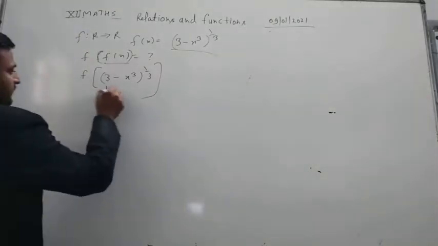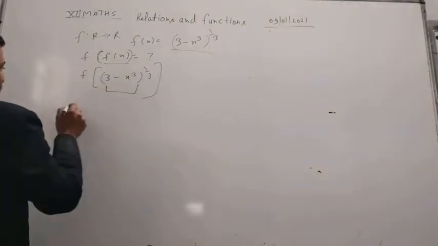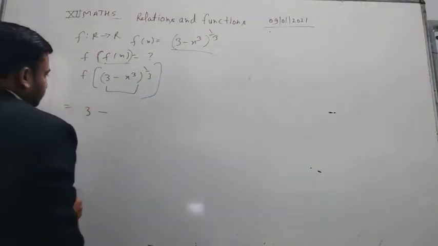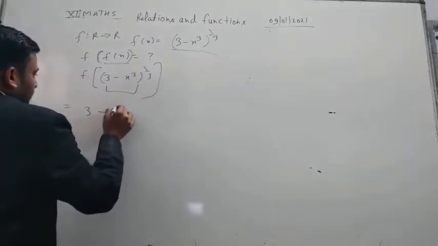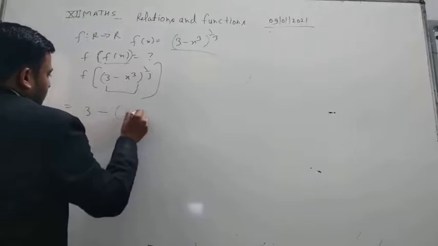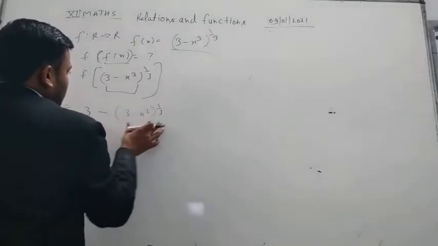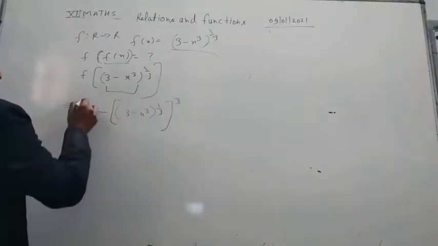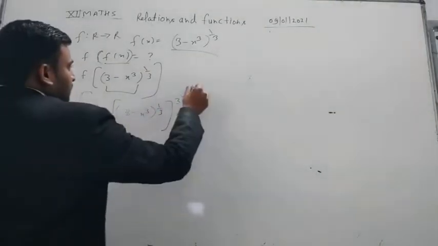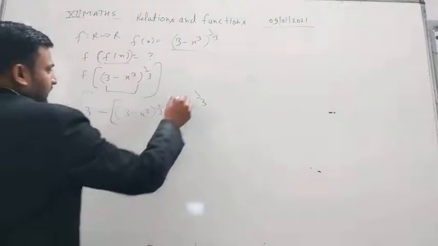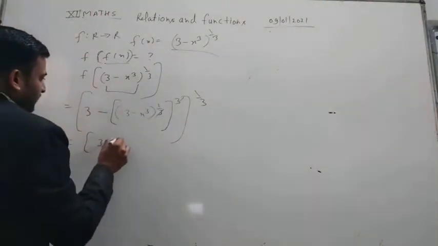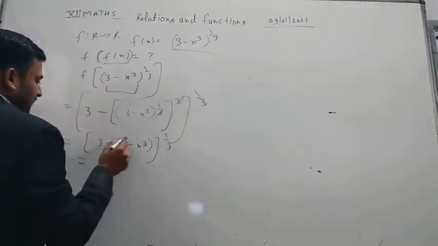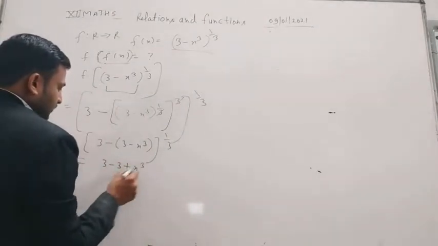Okay students, now this acts as x, so we write 3 minus x cubed, where x is this whole expression, cubed. So the power cancels, and we write (3 minus (3 minus x cubed)) to the whole power 1 by 3, which is 3 minus 3 plus x cube.